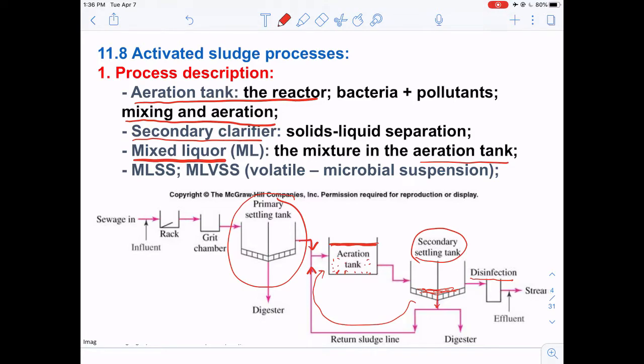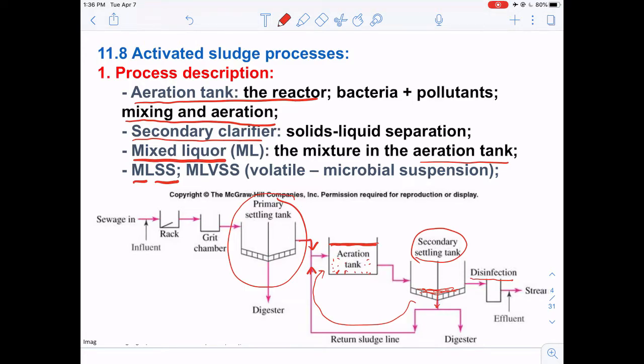After we mix them together, they exist in the liquid phase, and that's why we call it mixed liquor. Because of that, the suspended solids in the mixed liquor are called the MLSS, the mixed liquor suspended solids.